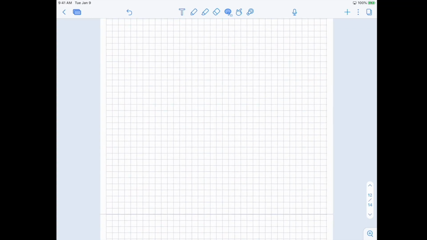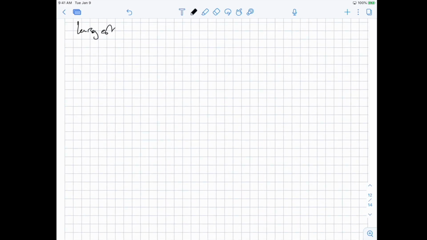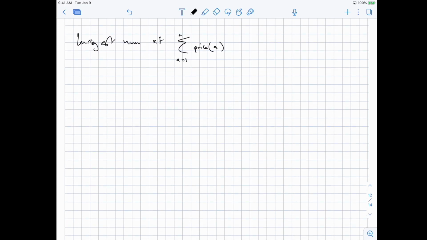So the problem says we need to find the largest number such that the sum of the prices, let's call it a, where a goes from 1 to num, is smaller than or equal to k.